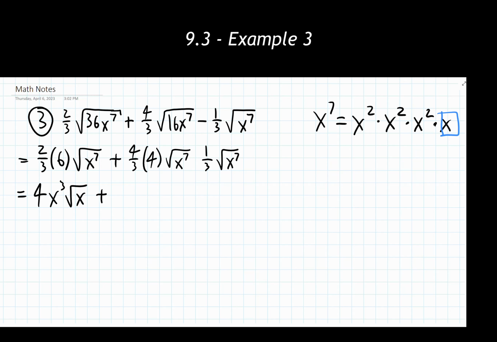For the next one, I'm getting 16 over 3 times x to the 3rd times the square root of x. And then minus 1/3 x cubed times the square root of x. There it goes. Let's clean up this 3 down here a little bit also.